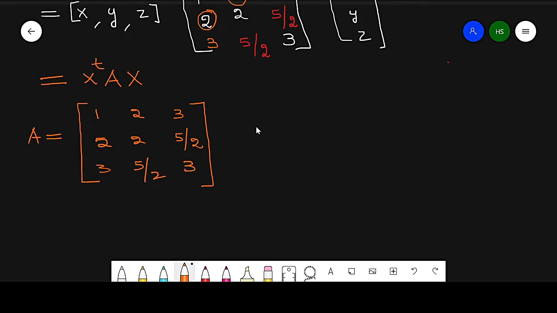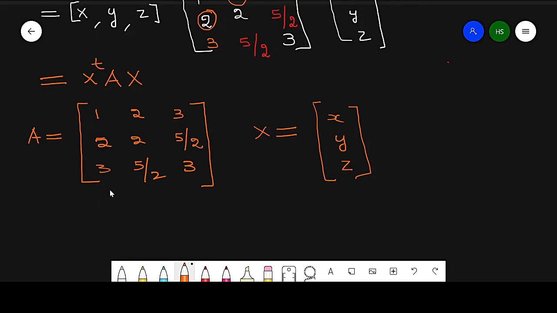So this is the A matrix. And what is the X matrix? It is a column matrix in the form of X, Y and Z. So these are 3 variables.